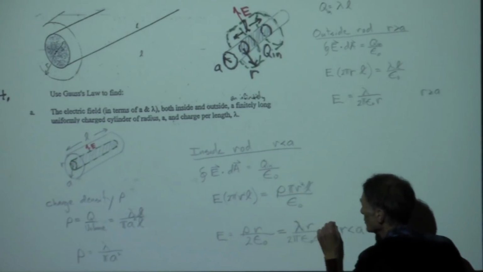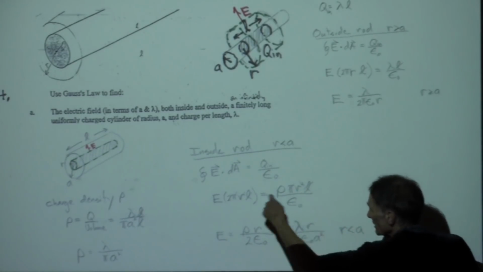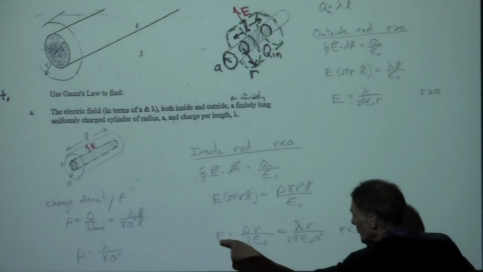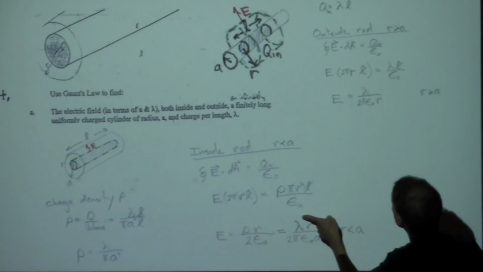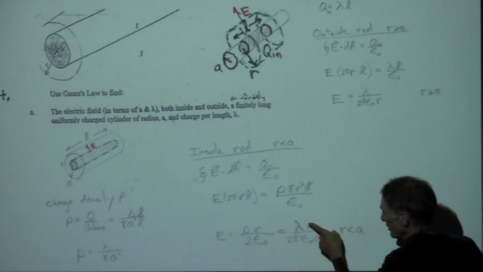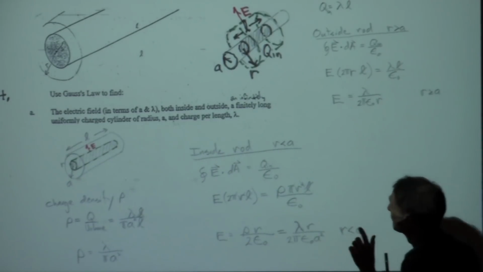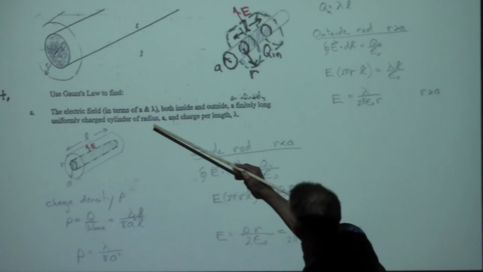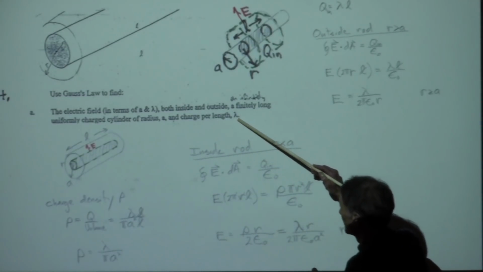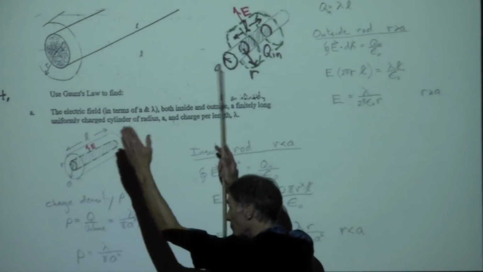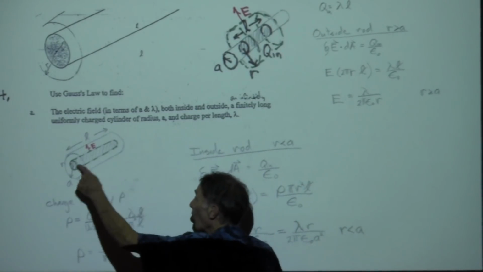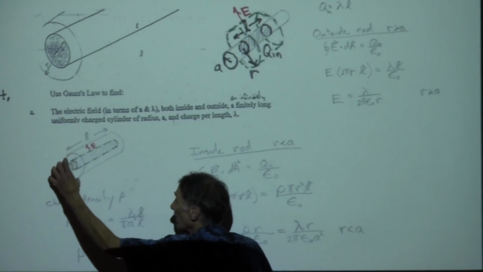That's going to be pi r squared times L. Some things are going to cancel, and we're going to come up with the electric field. This is based on lambda being part of the answer. He gave us a very cryptic way of expressing this charge per unit length. So lambda is just 1 meter of this stuff sawed off, and say 1 meter, how much charge is in there.